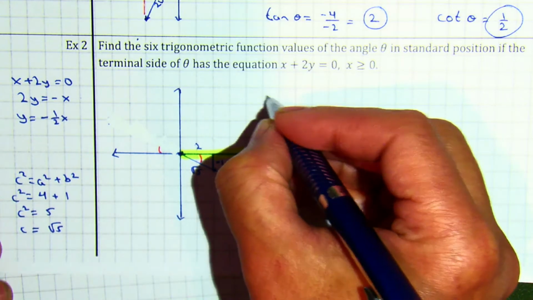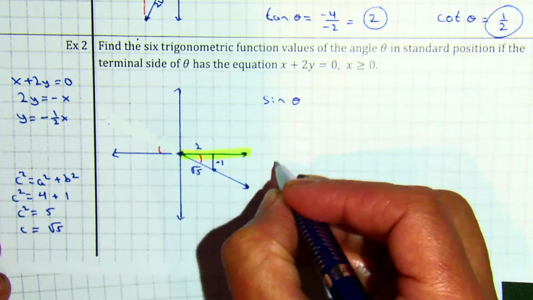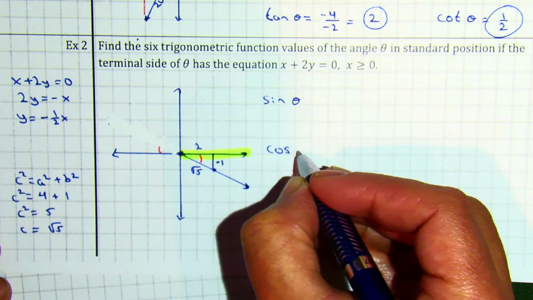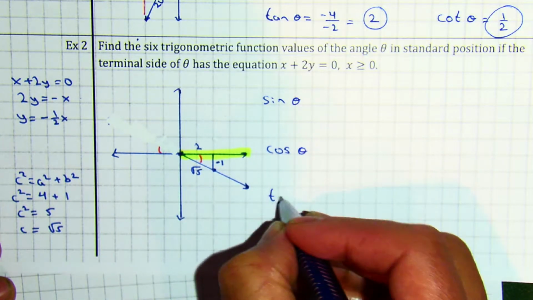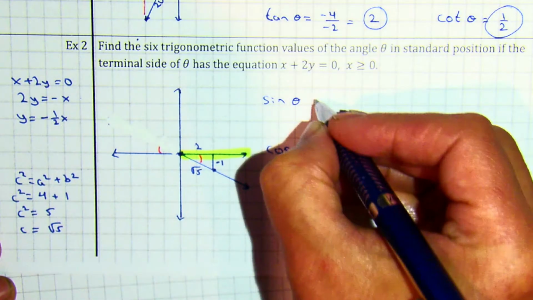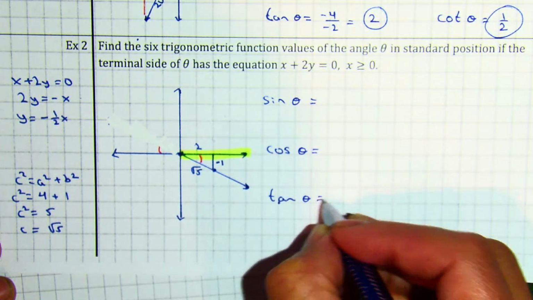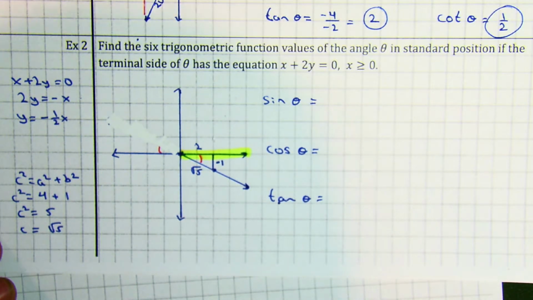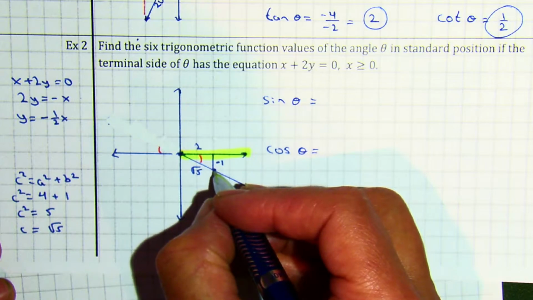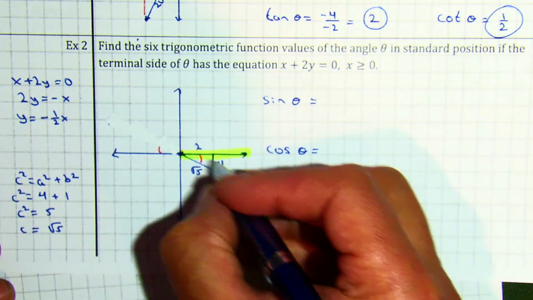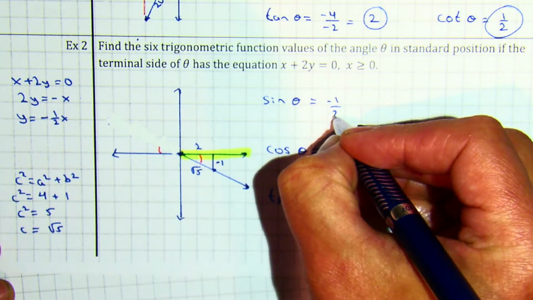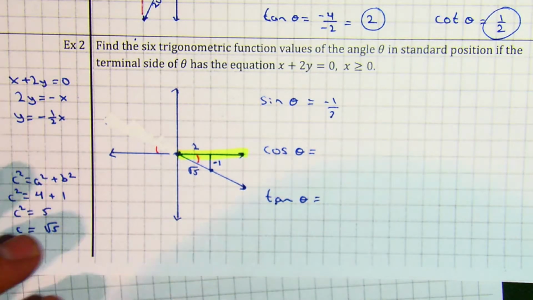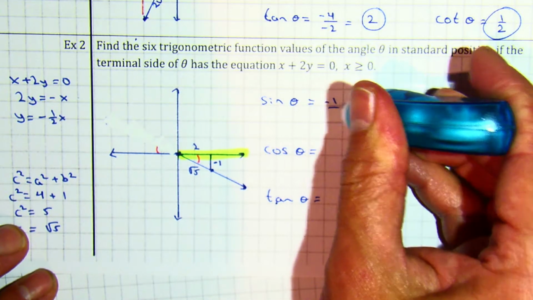And now I must find the sine of theta, the cosine of theta, and the tangent of theta. We're going to find each one. Pause it and see what you get. So the sine will be opposite over hypotenuse, -1 over the square root of 5, correct.